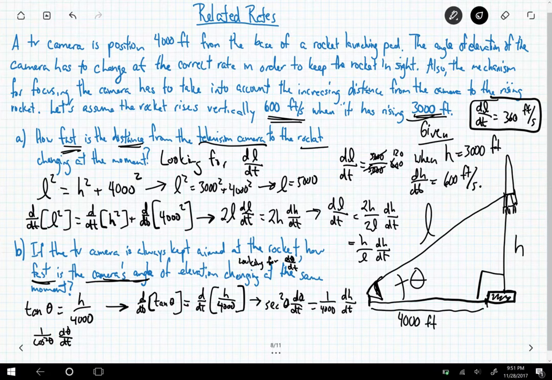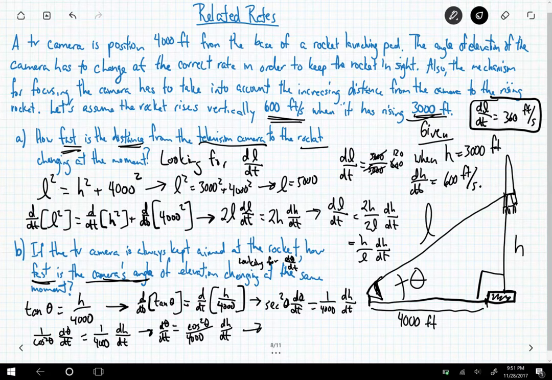So this thing equals that 1 over 4,000 dh/dt. Well, an easier way to look at this now is just d theta/dt equals cosine squared theta over 4,000 dh/dt.